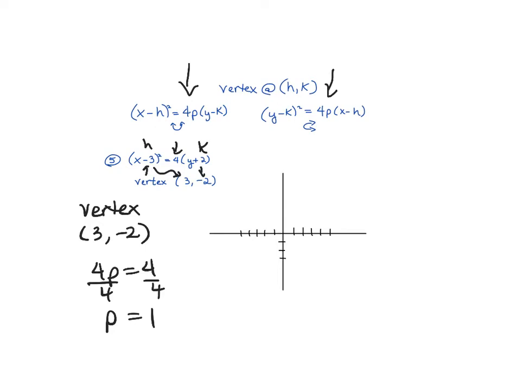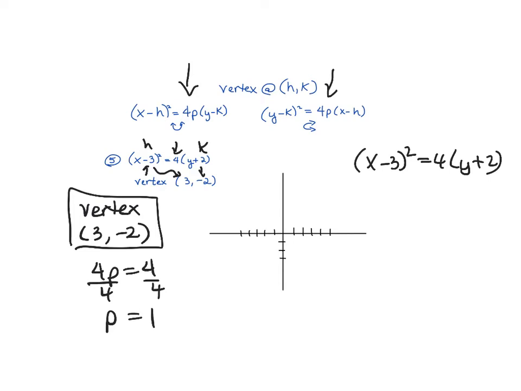Now, I've found my p-value, I found my vertex, I need to find an additional point. So I'm going to take my original given equation and plug in. Probably what might be easy to find here is my y-intercept.